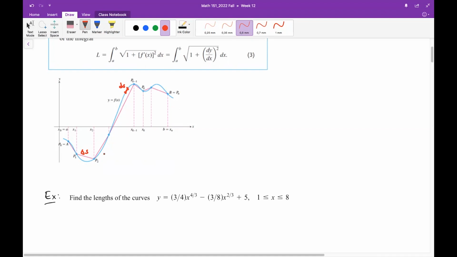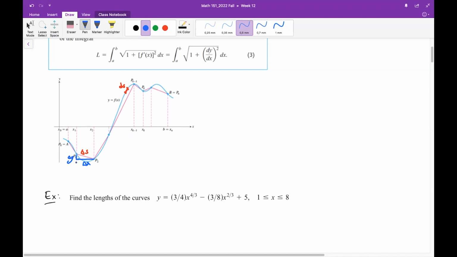And if you zoom into this part where you have this very little right triangle, let's call this part delta X, and this part delta Y, because this is the X component and this is the Y component.